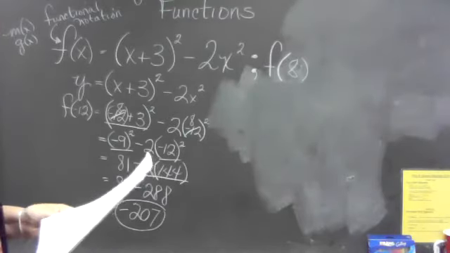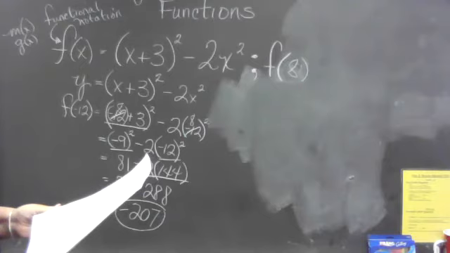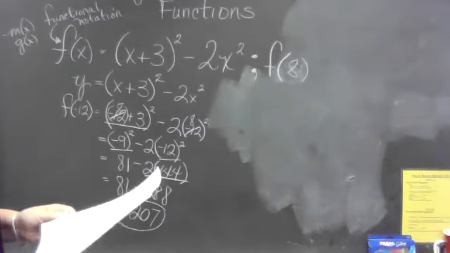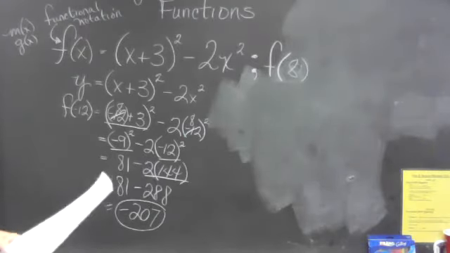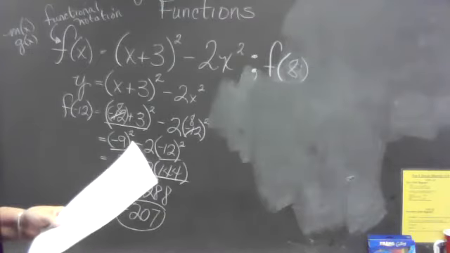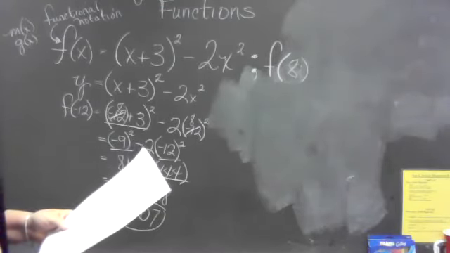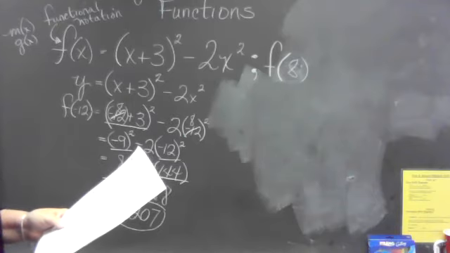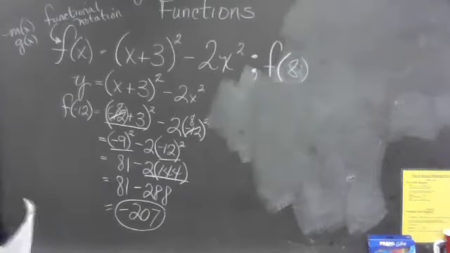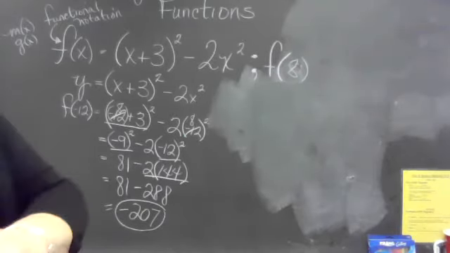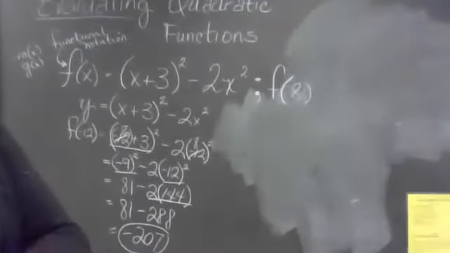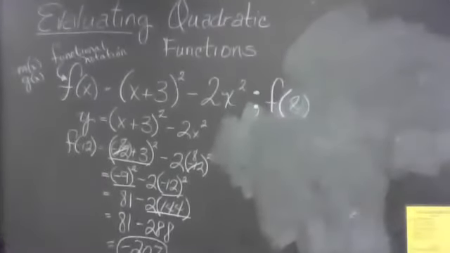Now let's go down to the B part. Oh, no, we need to look at number 2. Yes, we need to look at number 2 that has to do with negatives and squaring negatives.